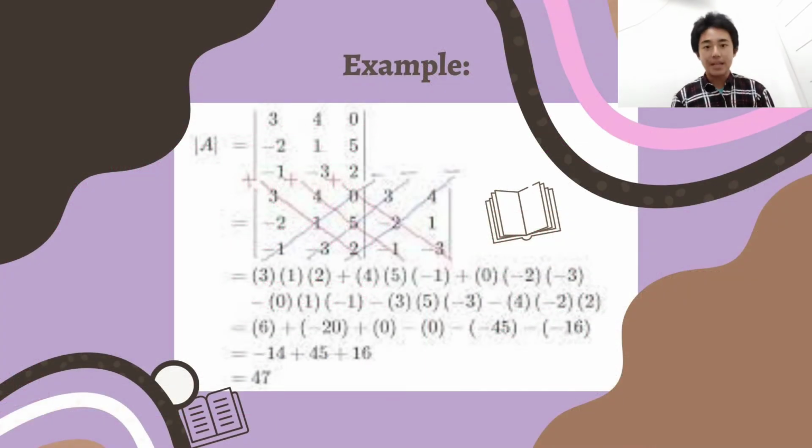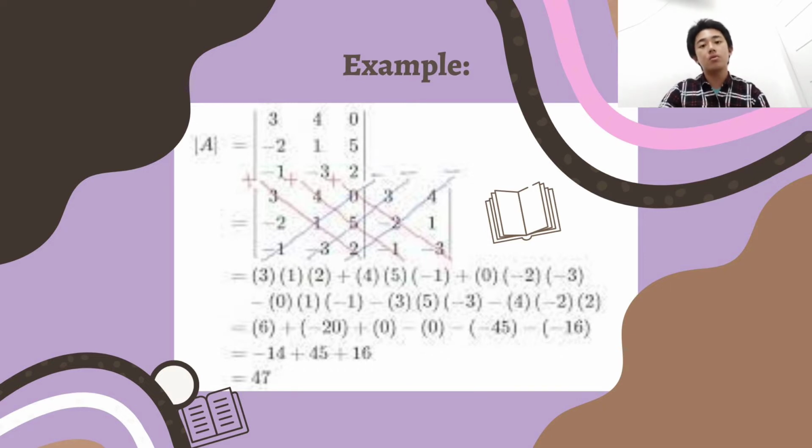Now, the determinant of a matrix. Earlier I stated that matrix multiplication is a bit tricky, but now this is trickier because this is a bit different from the others. It has to make some crossing multiplication. So, for example, we have here a matrix 3, 4, 0, negative 2, 1, 5, negative 1, negative 3, and 2. To find this determinant, we make the third column become the center.